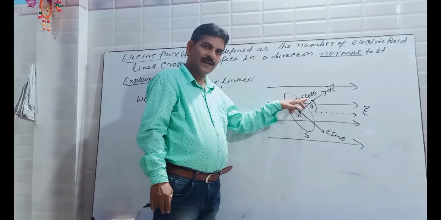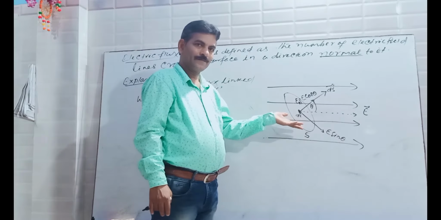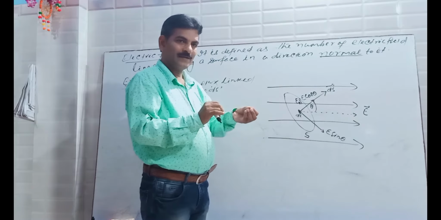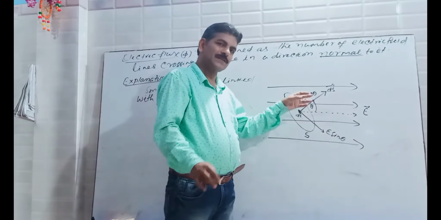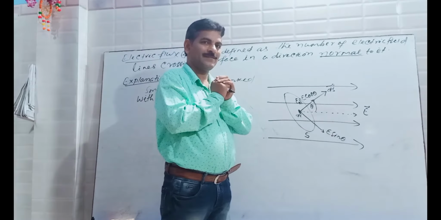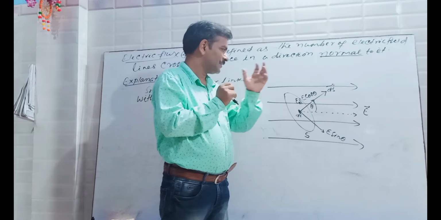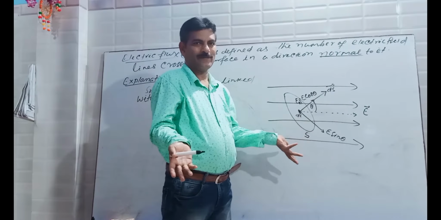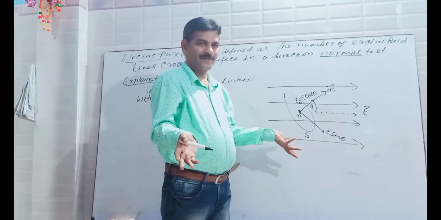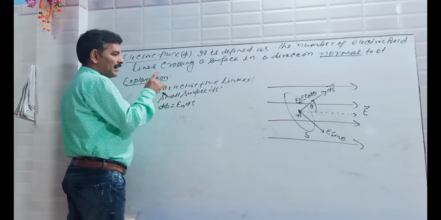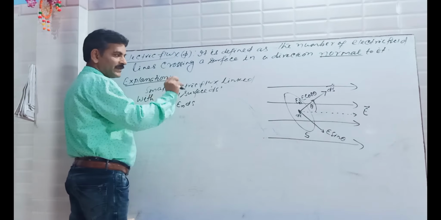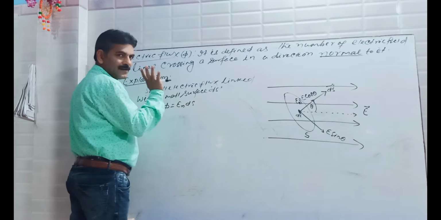E cos theta is also a scalar. We can multiply them because E cos theta is perpendicular to the surface. For E cos theta, some field lines are contributed, and this number of field lines will give electric flux. Clear? So that is why the small electric flux linked with small surface area ds is En ds.